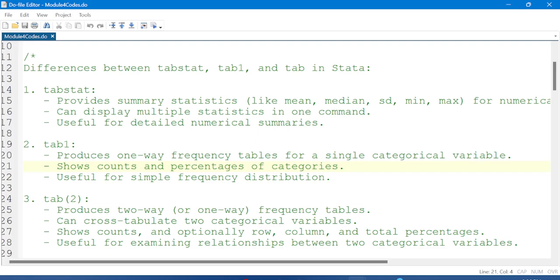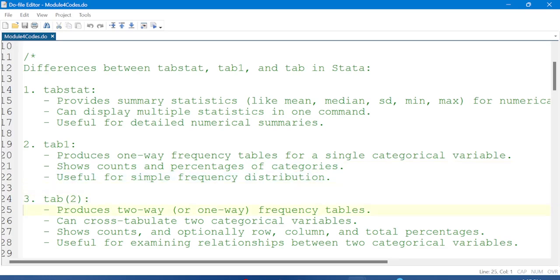And remember, a categorical variable is just a column that is in grouped format, like level of education, health status, or maybe the region you come from. tab1 also shows the counts and percentages of each category, and it's useful for simple frequency distributions.